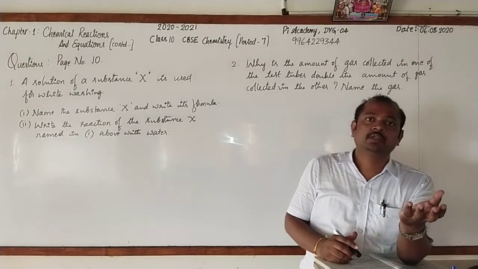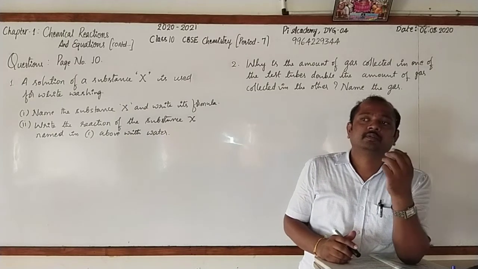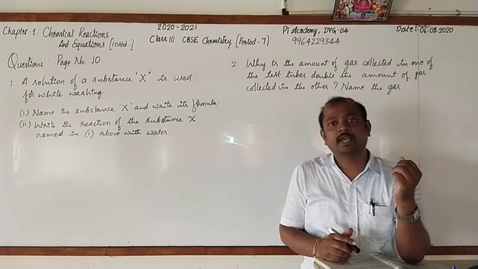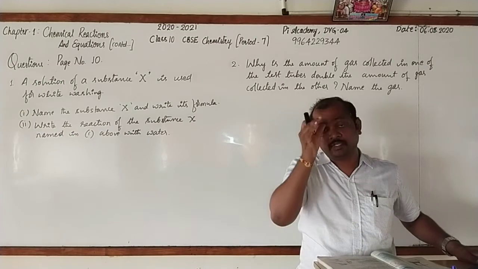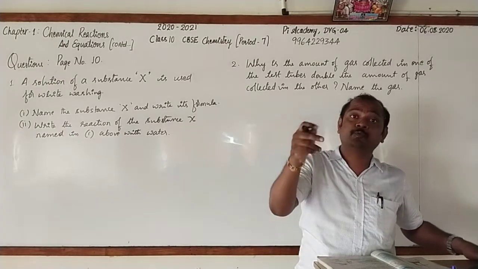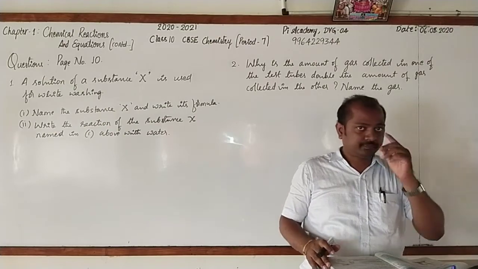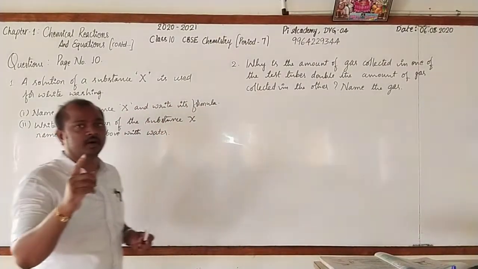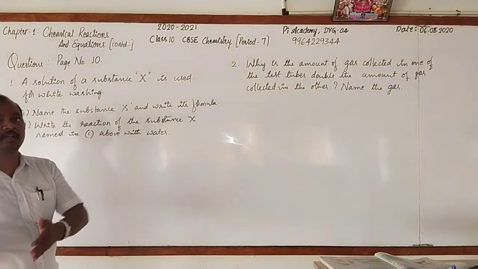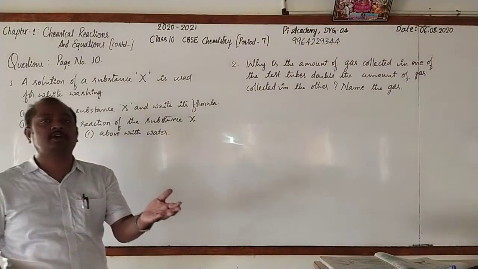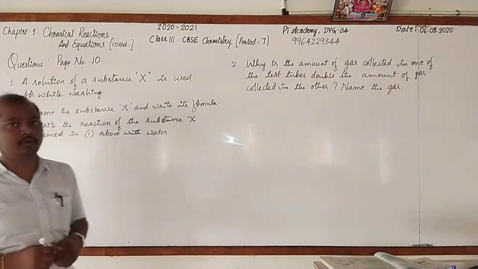There is no doubt. This is calcium hydroxide solution, is it not? But solution of which substance is calcium hydroxide? It is calcium oxide, right? When calcium oxide reacts with water, it produces the compound called calcium hydroxide.